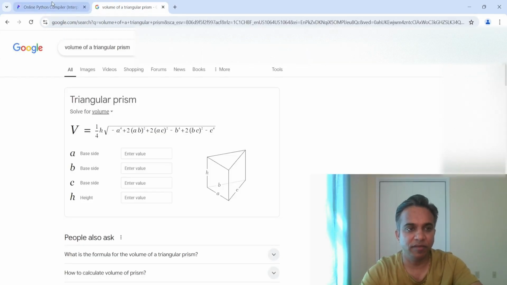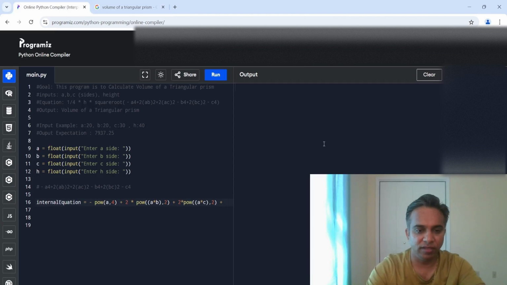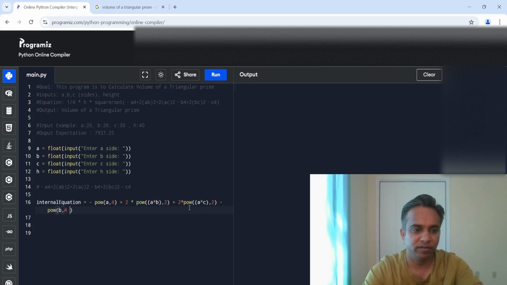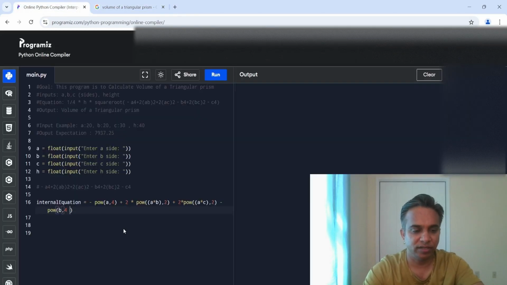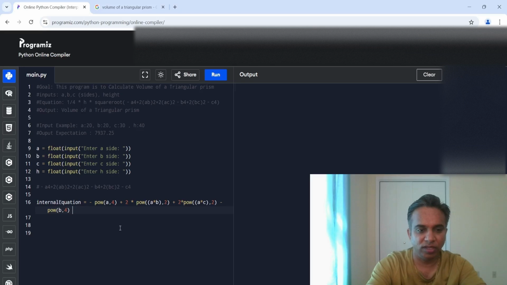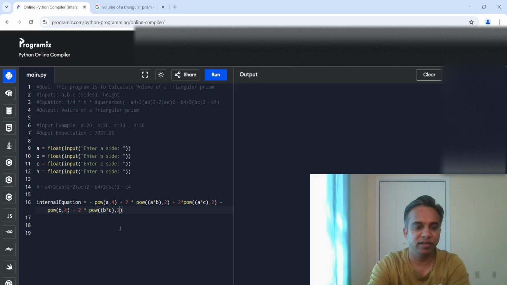it's minus B to the power 4. So it's going to be minus power B 4. Then we have 2BC square. So it's going to be 2 multiplied by the power of B multiplied by C and then squared.